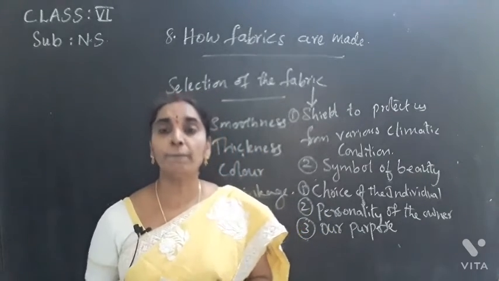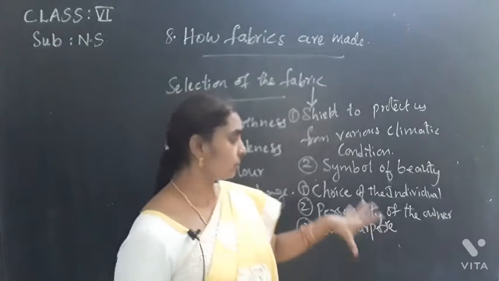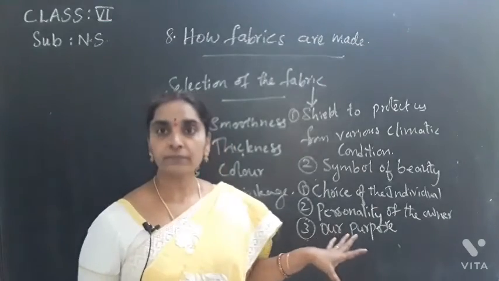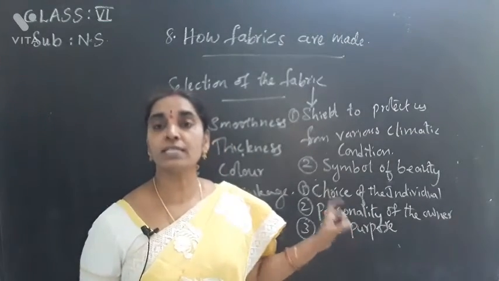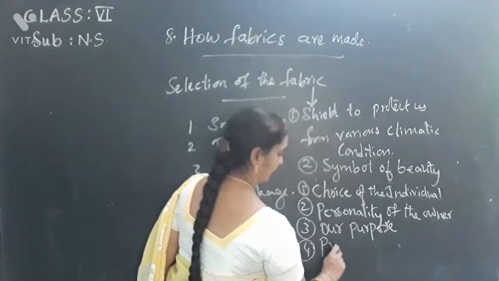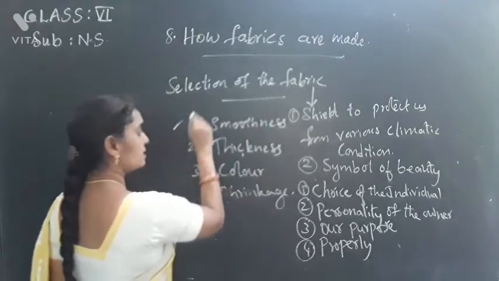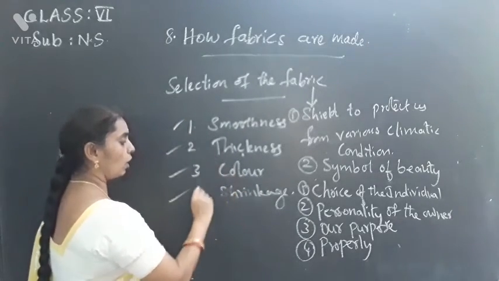So depending upon the purpose, we are going to buy the clothes. These things are to be kept in mind before selection of a fabric. And another one is the property of the fabric. The property mainly being the smoothness, thickness, color or shrinkage.